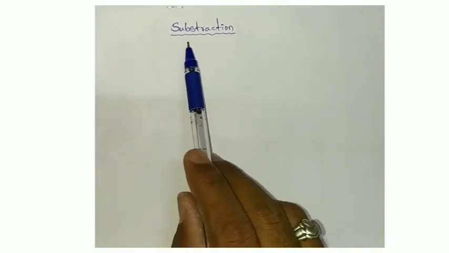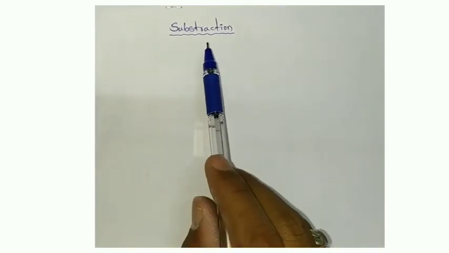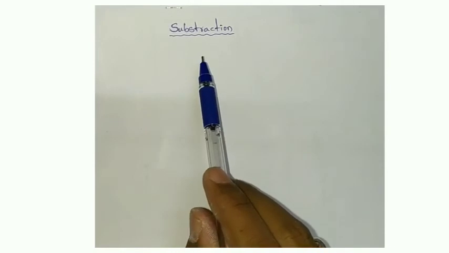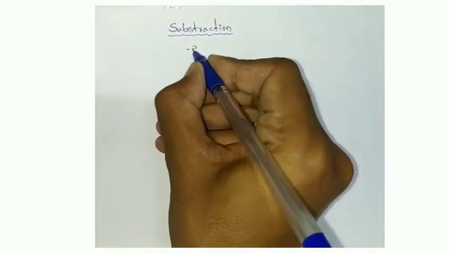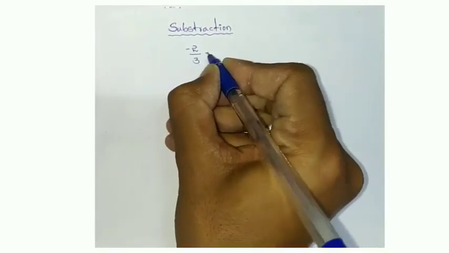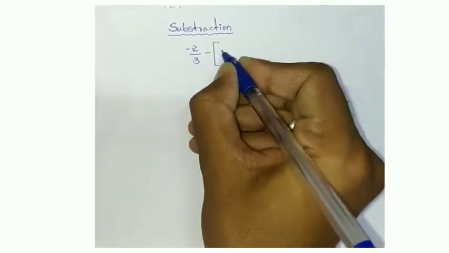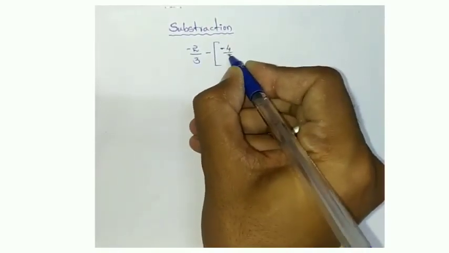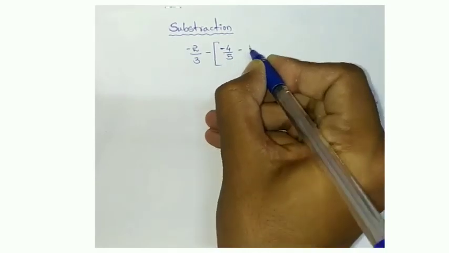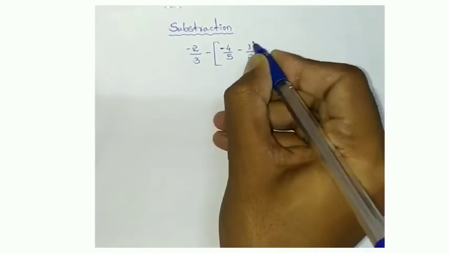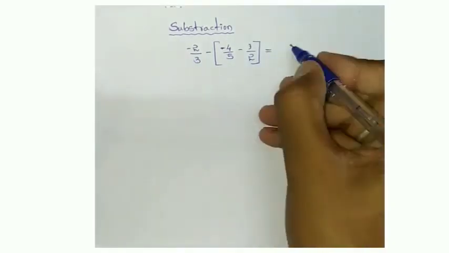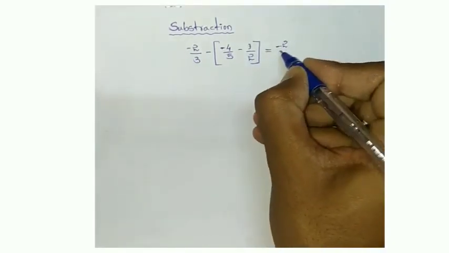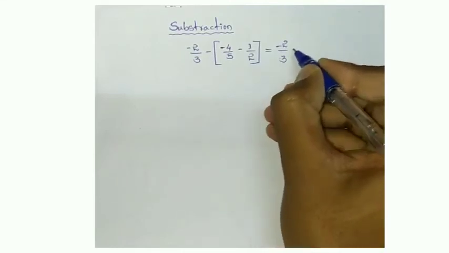Now checking subtraction for associativity of rational numbers. I will take one example: minus 2 by 3 minus of, in brackets, minus 4 by 5 minus 1 by 2. So first we have to solve this. Write the first term like that only, minus 2 by 3.